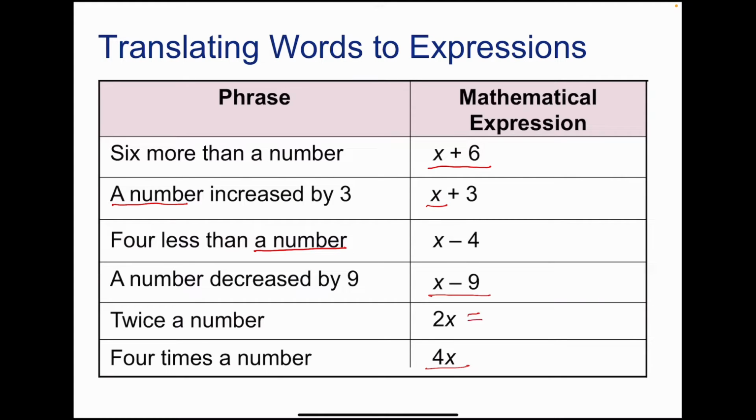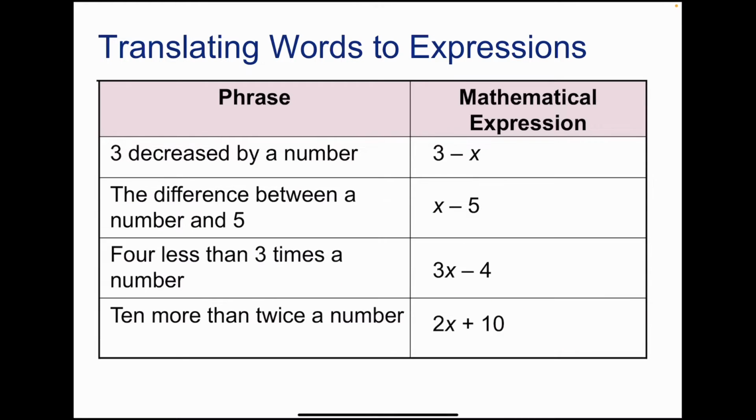Again, 2x by convention means 2 times x, and 4x by convention equals 4 times x. 3 decreased by a number, so notice you subtract the number, which is x, from 3, so this should be 3 minus x.